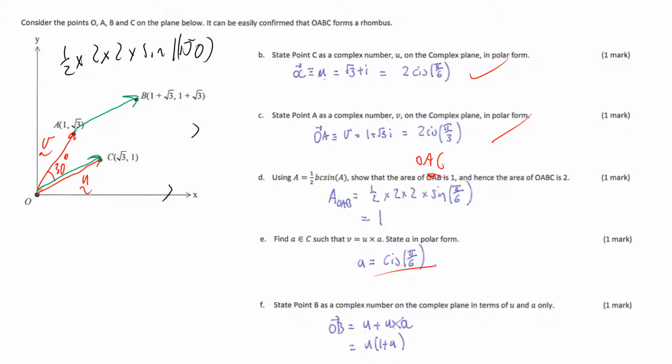So really this is vector V plus U. What is V after all? V is equal to U times A plus U, which you could write like that, or you could factor out the U and write it in the form that you see. Okay, so hopefully that was okay.